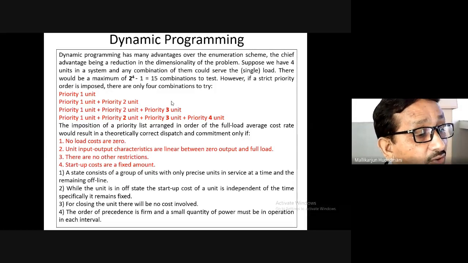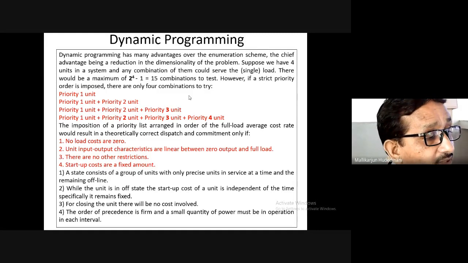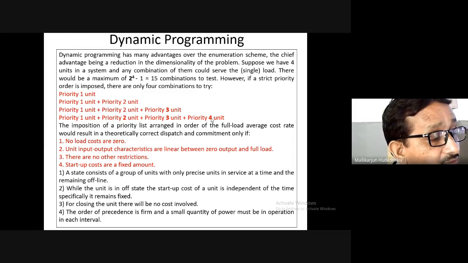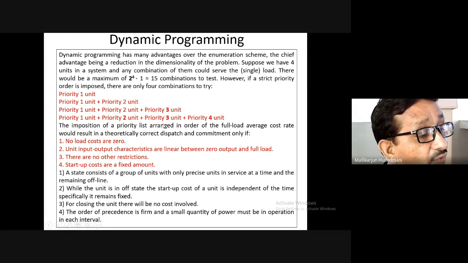If I follow the dynamic programming method, I need not check 15 combinations for a 4 generator decision process, 2 raised to 4 minus 1. These 15 I need not worry about. I worry about only n, which is 4. Only take 4 priority decisions, that's the end.